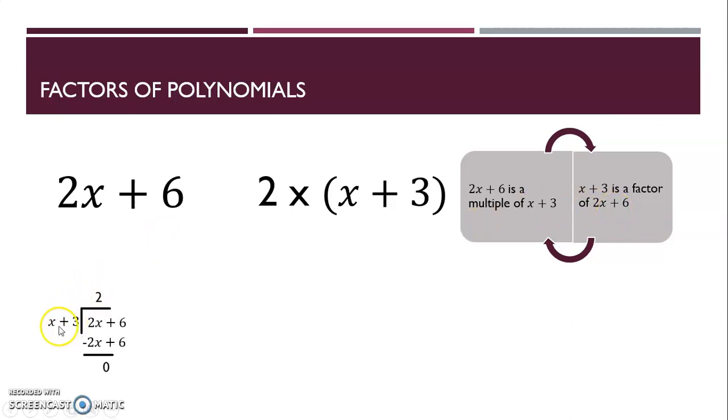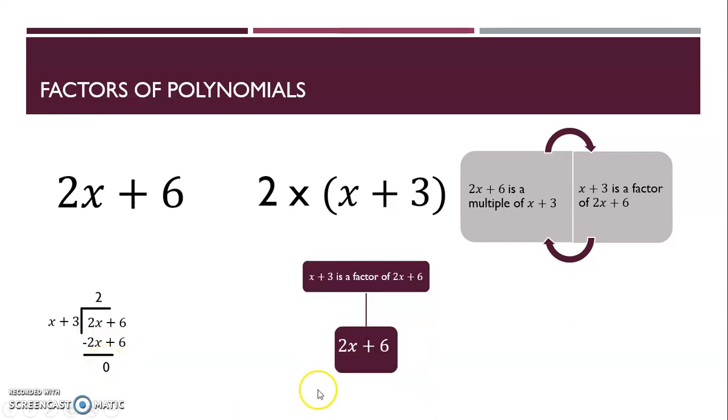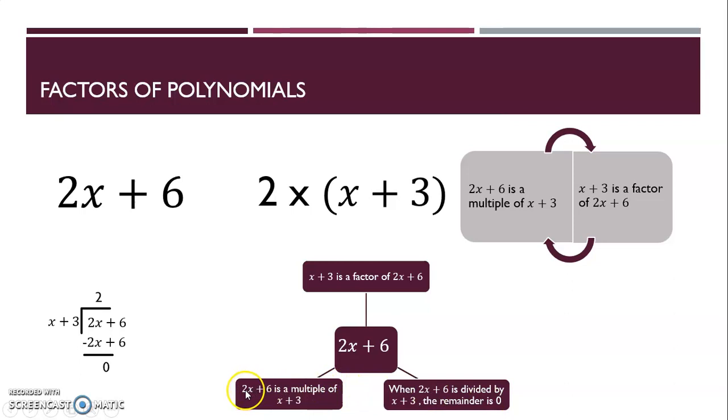Also, when I divide 2x plus 6 by x plus 3, 2 times (x plus 3) is 2x plus 6 and the remainder is 0. So when I say x plus 3 is a factor of 2x plus 6, I also mean that when 2x plus 6 is divided by x plus 3, the remainder is 0, and 2x plus 6 is a multiple of x plus 3.